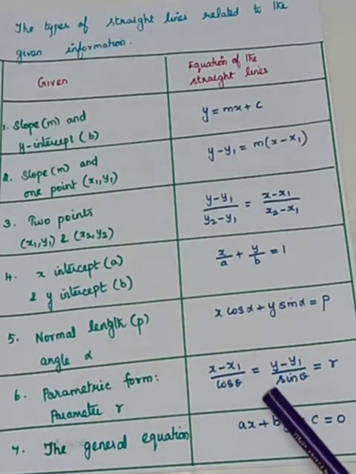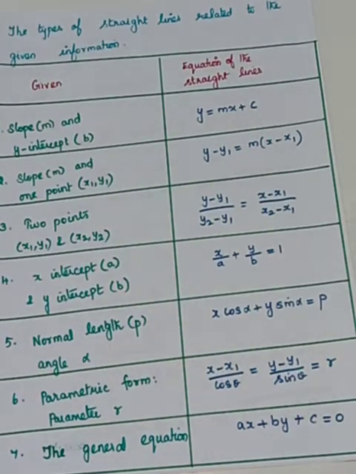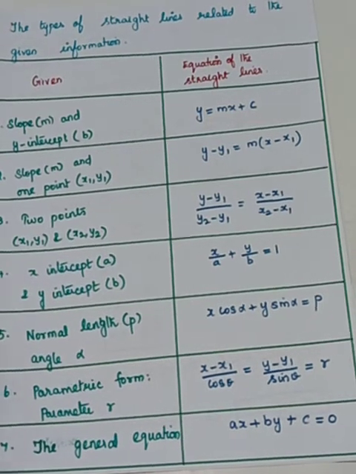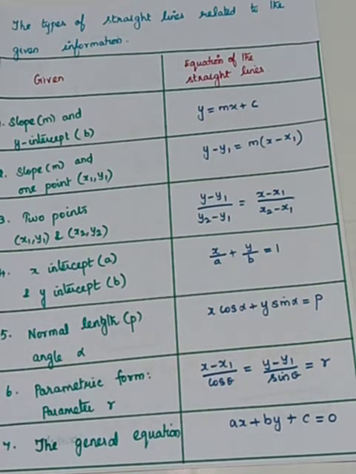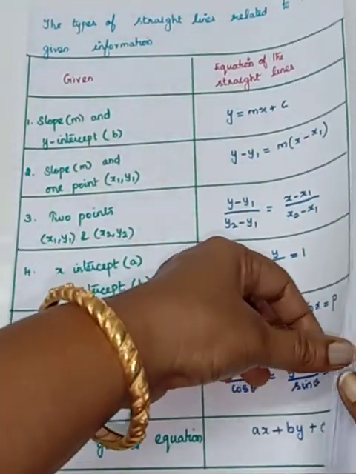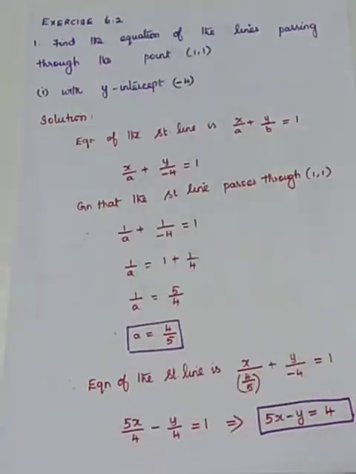So this is the equation of the straight line written in the parametric form: (x minus x1) by cos theta is equal to (y minus y1) by sin theta is equal to R. The general equation of the straight line is ax plus by plus c is equal to 0. Using these formulas, we are going to do exercise 6.2.